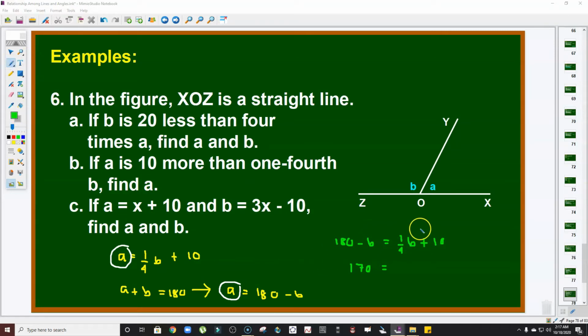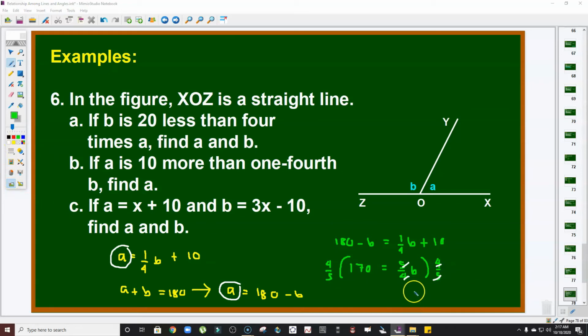Alright, so again, 1 plus 1/4, so that's 5/4 B. See that? So, multiply ko siya ng 4. Bakit 4? Okay, para makancel yung 5, makancel yung 4. See that?